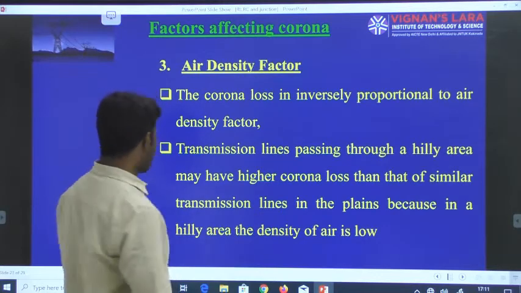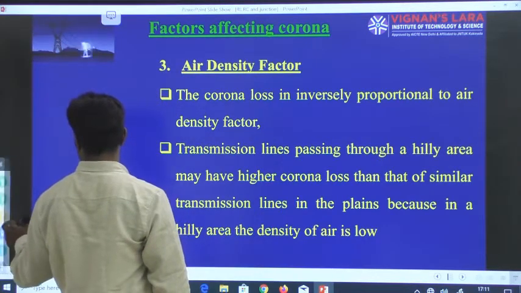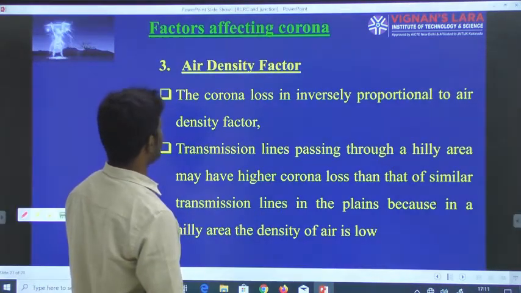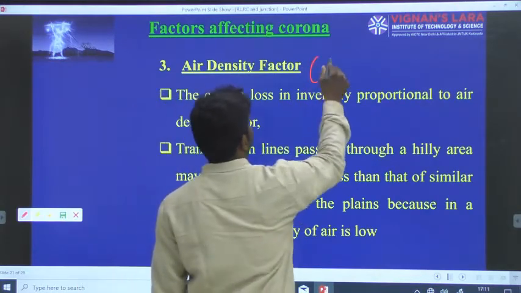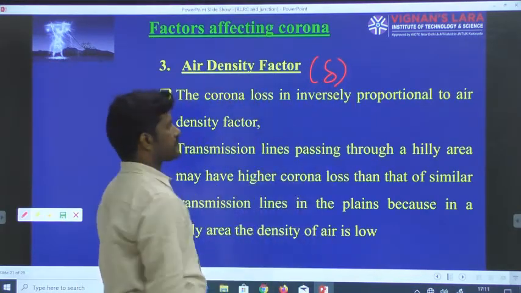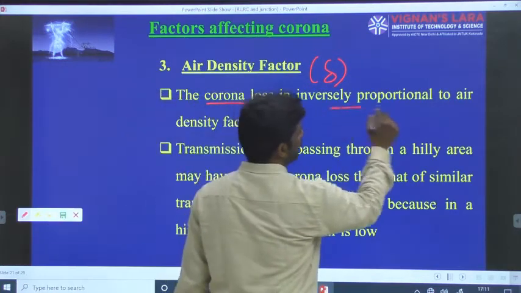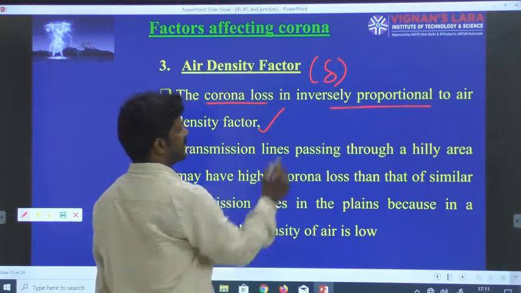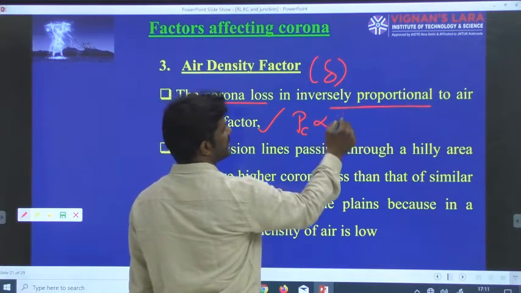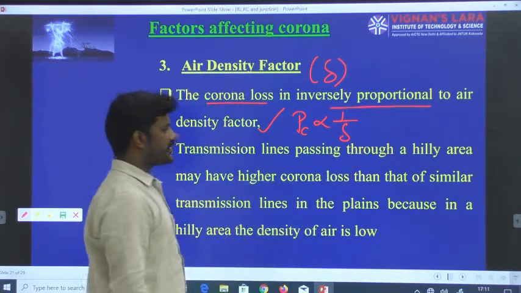The third one is the air density factor, called delta. The corona loss is inversely proportional to the air density factor. Corona loss Pc is inversely proportional to the air density factor.